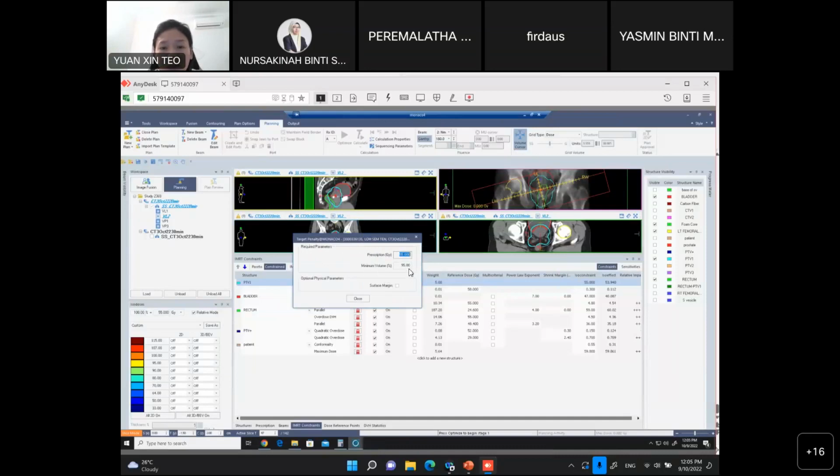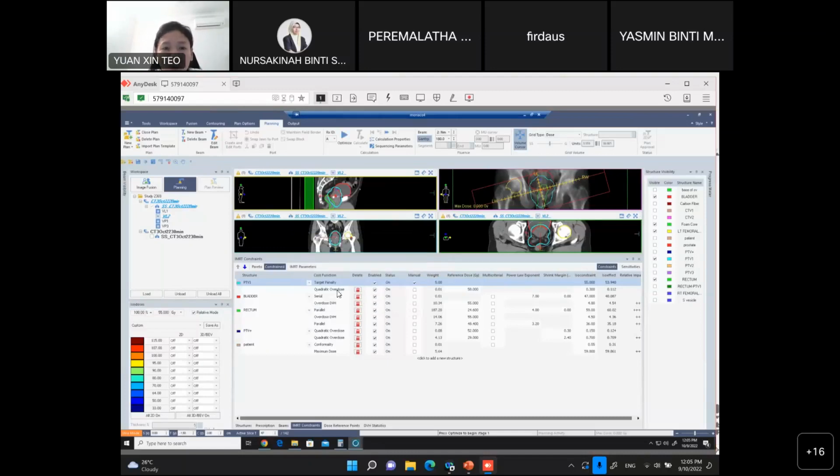You need to give me at least 95% of the PTV1 getting 55 gray. Okay, so you need to tell them how much you need. You can also put 100%, okay, but it works very hard. According to the DVH set, we will need to have at least 95%. So normally we put 95 for the computer to know I need only 95%.